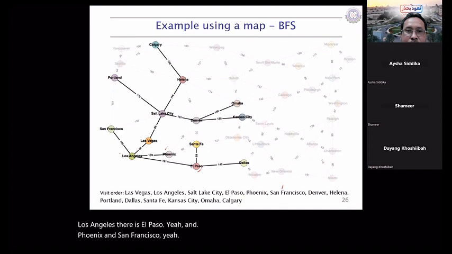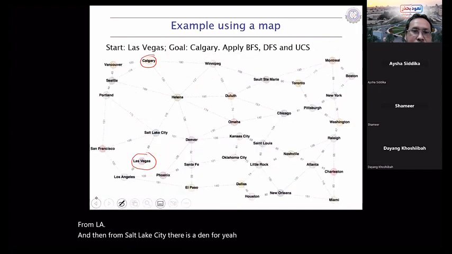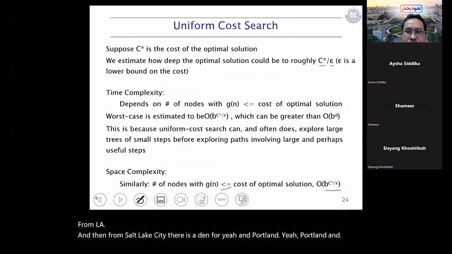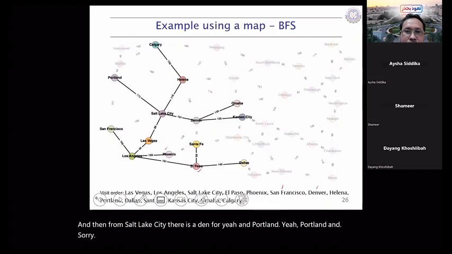From Salt Lake City there are Denver, Portland and Helena.